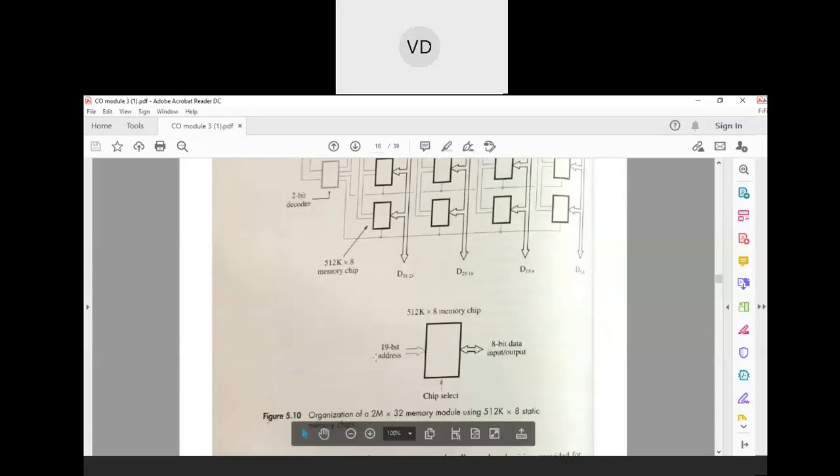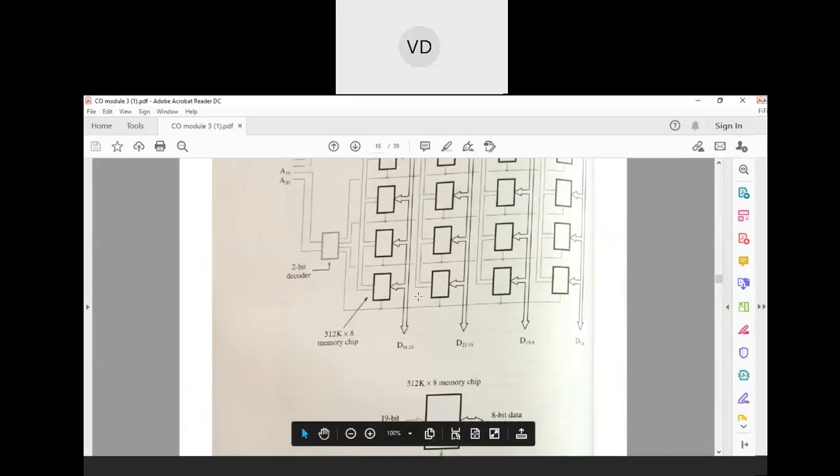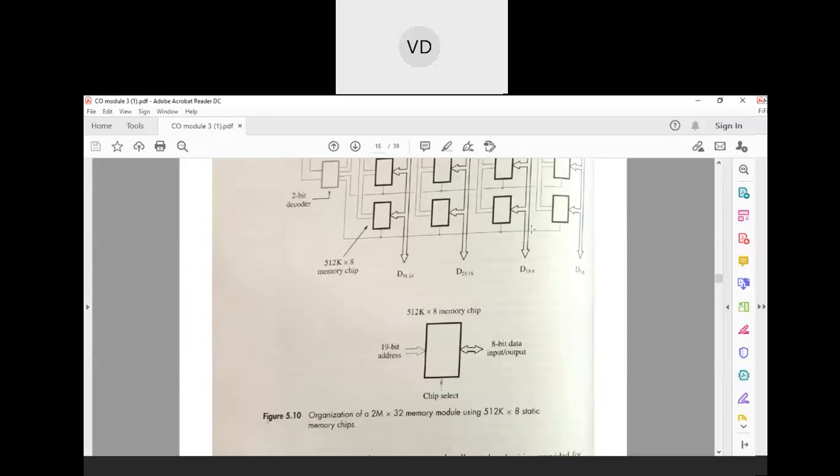I told you a 19-bit address is given, and the remaining 2 bits are used for selecting the column. Here there are 4 columns, so for selecting among 4 columns we require 2 bits: 00, 01, 10, 11. 00 means the first column, 01 the second, 10 the third, and 11 the fourth.